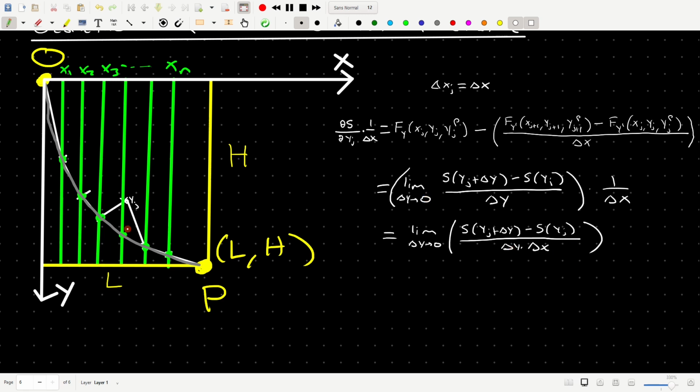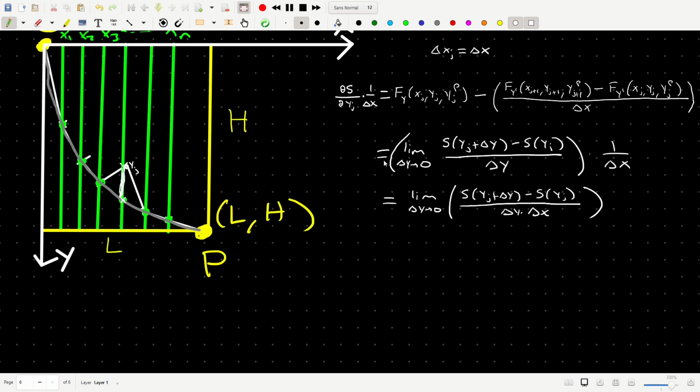Delta y here being the change, this height, so the change in the function from the optimal value to the value at the approximation at yj. And then we took this expression right here and we took the limit as n went to infinity, or as delta x went to 0, to get the expression from before.